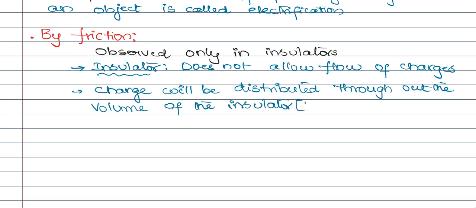We can call them non-conducting objects also. An insulator is non-conducting, because in a later part of this chapter we'll get a non-conducting sphere. If it is charged, charge will be distributed throughout its volume. So a non-conducting sphere means it is an insulator.